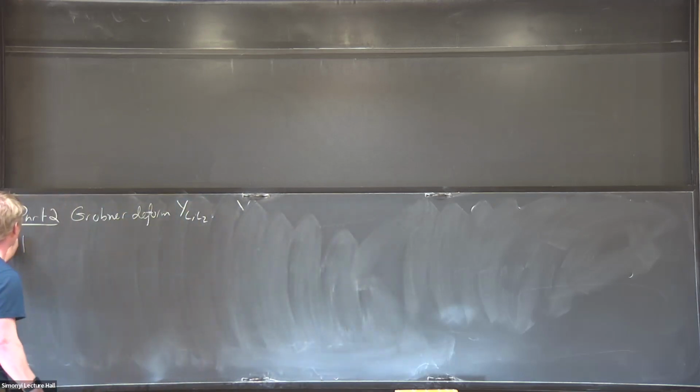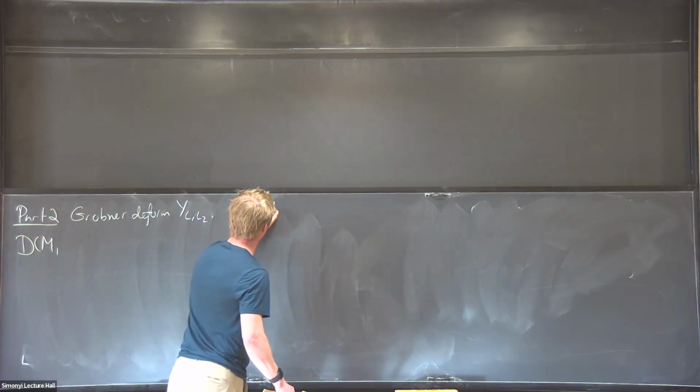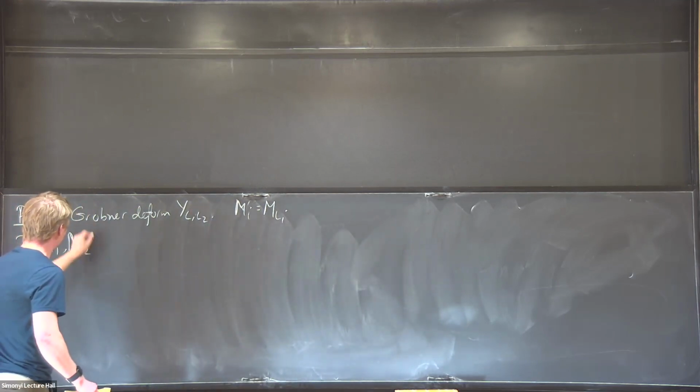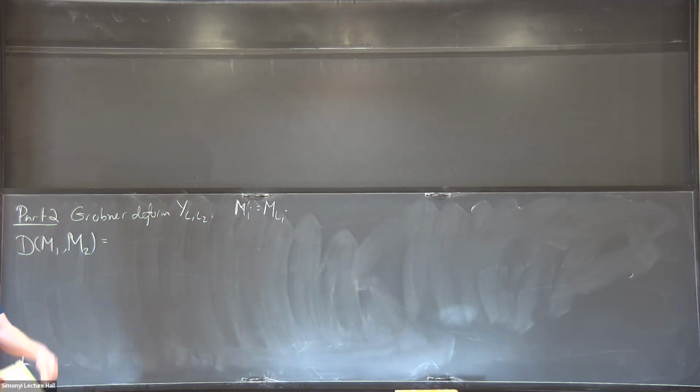And so for this, I need to let M_i be the matroid of L_i. So D of M1, M2 is going to be the matroid that I introduced in the last talk, which is the diagonal Dilworth truncation of M1 and M2.